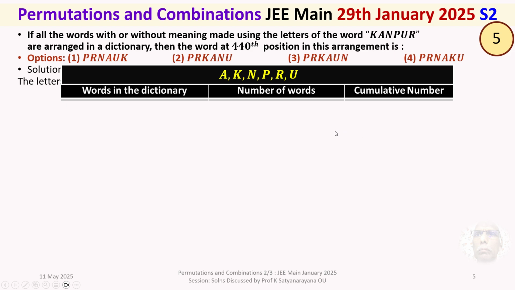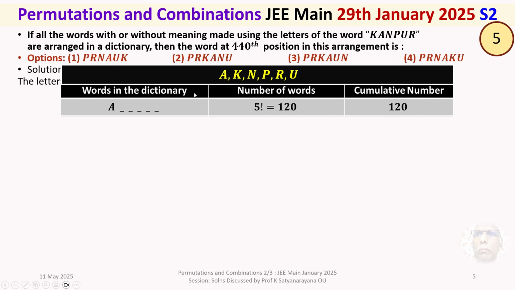First, it starts with A. There are 6 letters, A is placed, and 5 places are left. In these 5 places, you can fill in the 5 letters in any order we like. So that can be done in 5 factorial ways, that is 120 ways, and thus the number of words will be 120, the cumulative number of words will be 120.